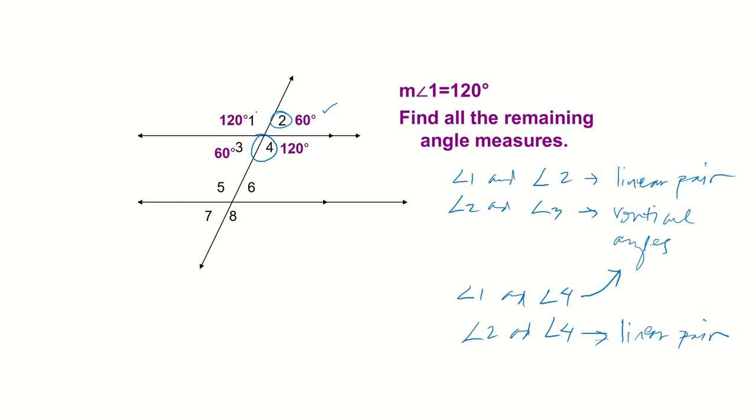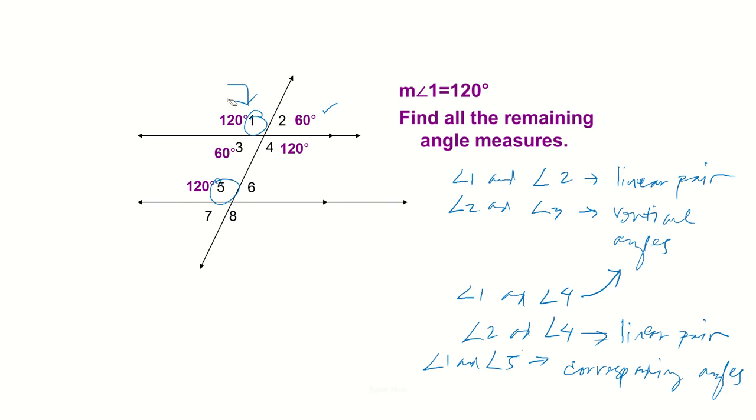Now, how about angle 5? Angle 5 is 120 as well. Why? Because angles 1 and 5 are corresponding angles. And what did we say in our previous activity?